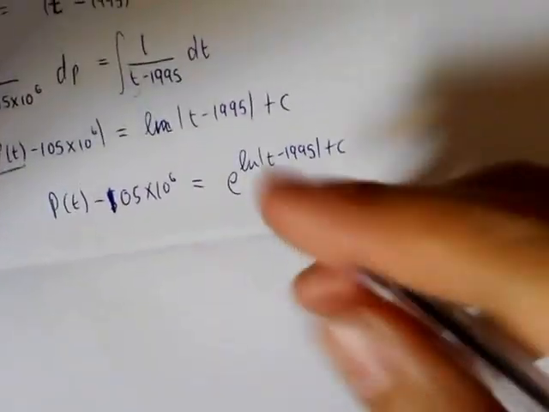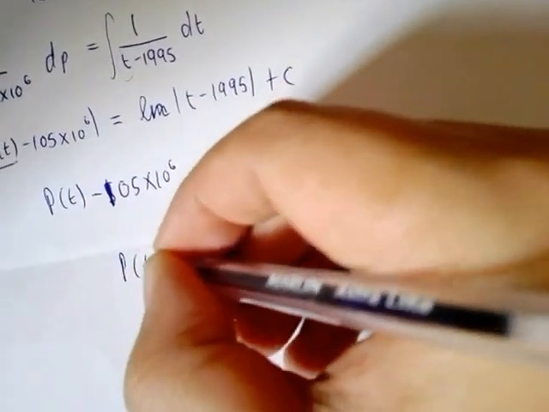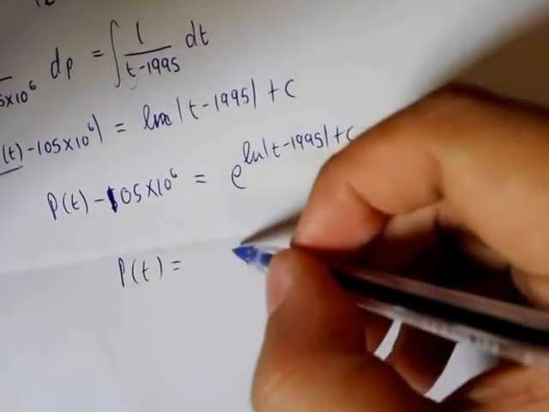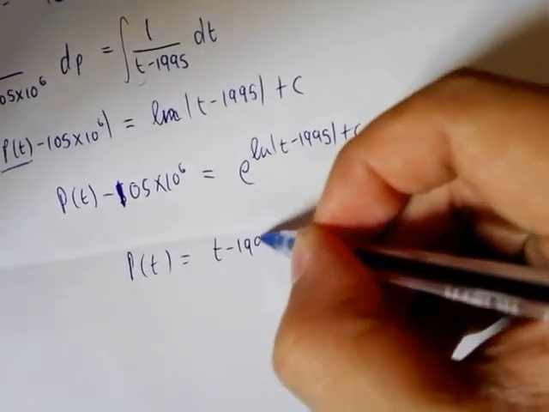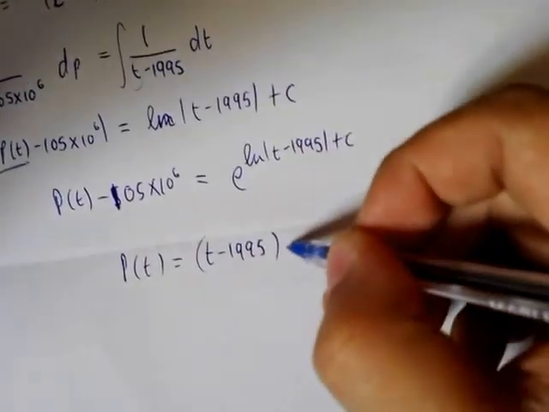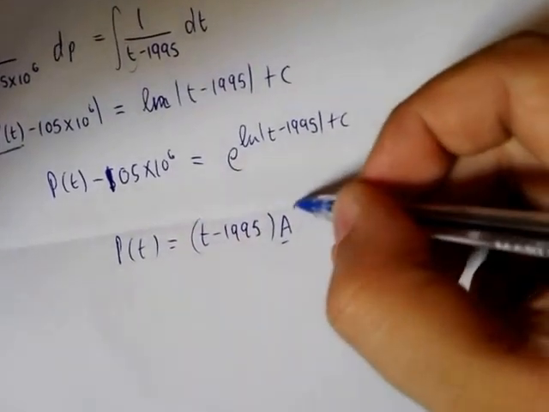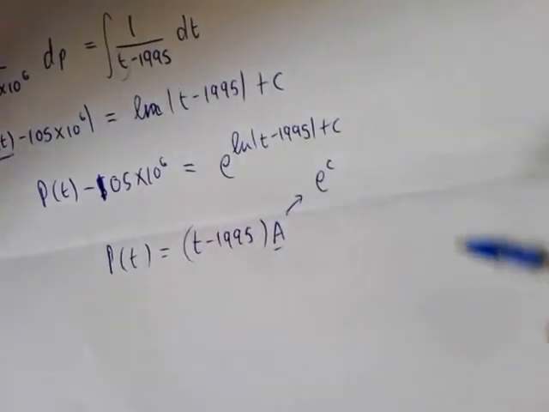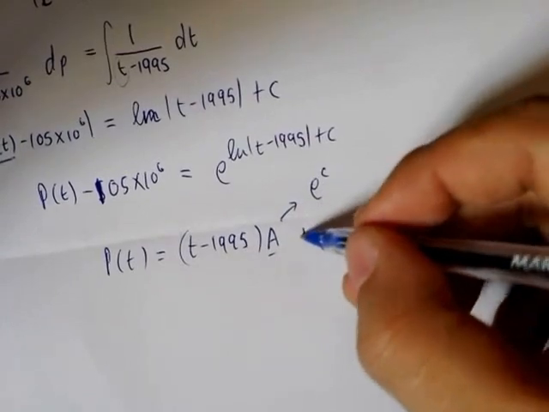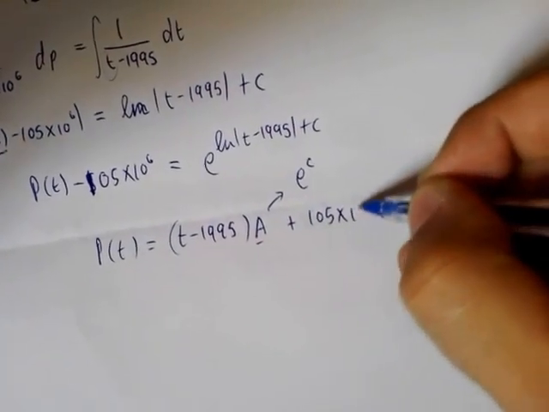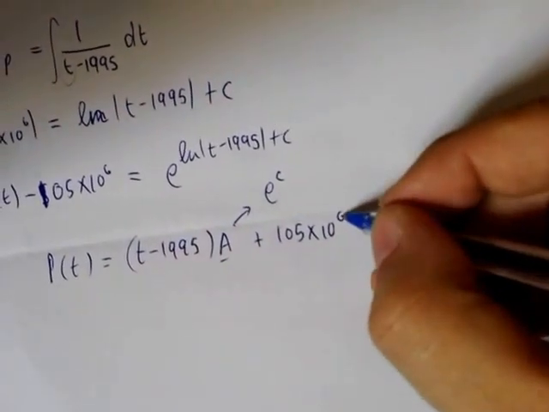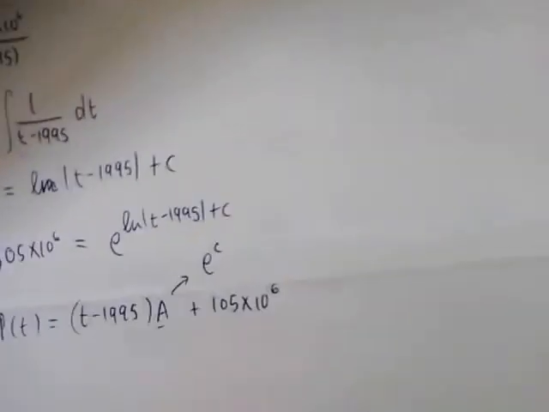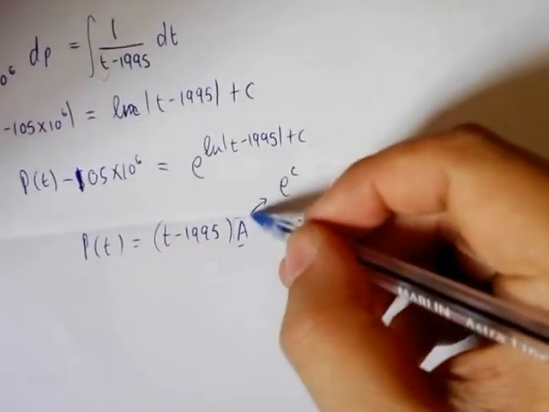Right, so now we're just solving for p of t. A is just e to the c and then plus. Okay, so now we have a general equation, and the next step would be to calculate whatever A is.